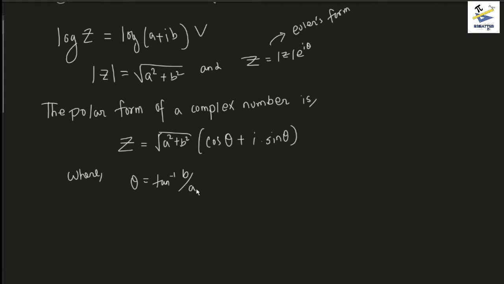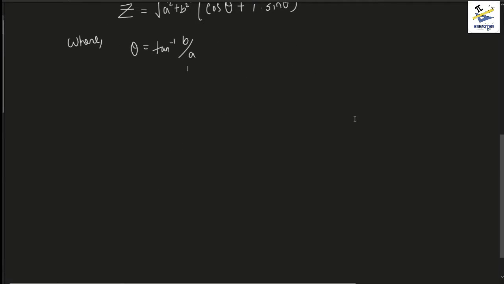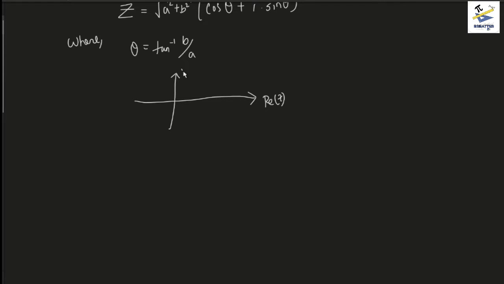Now, why is this true? I mean, why do we get to write this thing like this? Well, the simple explanation is by using the Argand plane. So let me show you why that happens. In the Argand plane, you have these two axes. This is the real axis for z, and this is the imaginary axis for z.